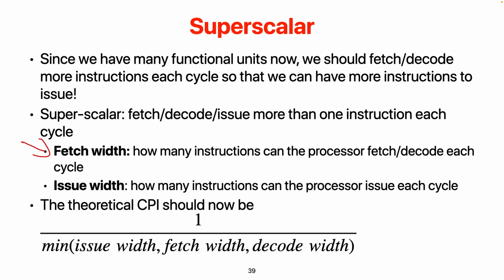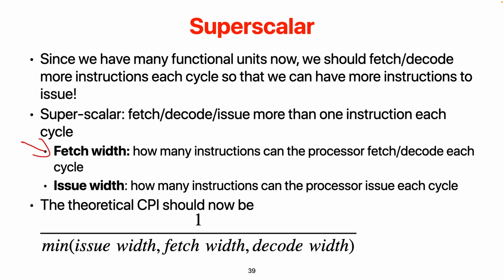A second parameter that affects superscalar performance is that, even though I have many instructions in my queue, if I don't have the ability to execute multiple instructions using different functional units simultaneously in the same cycle, then I'm not able to make my performance better.